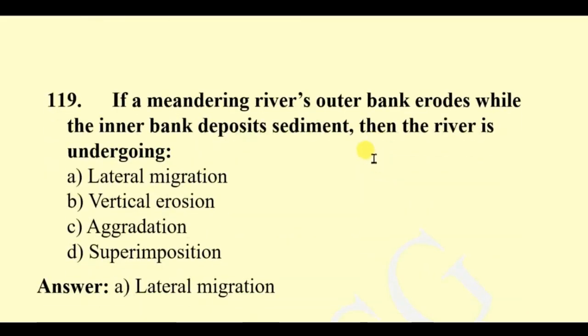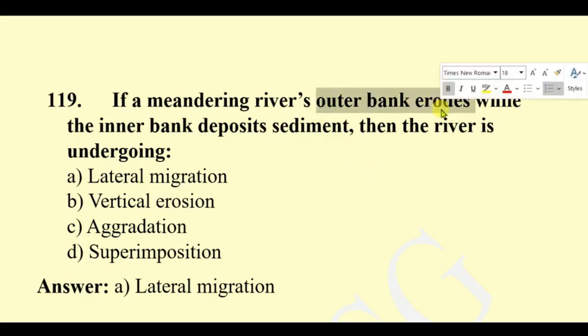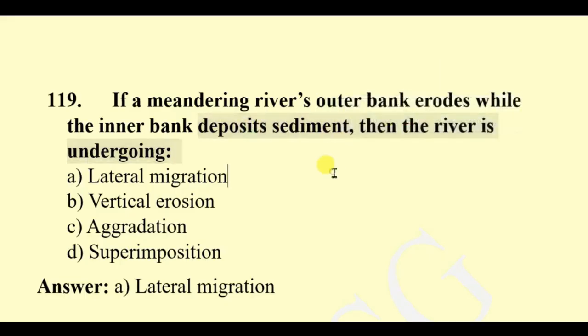If a meandering river's outer bank erodes while the inner bank deposits sediment, then the river is undergoing lateral migration, vertical erosion, aggradation, or superimposition. The answer is lateral migration. Outer bank means concave bank and inner bank means convex bank.